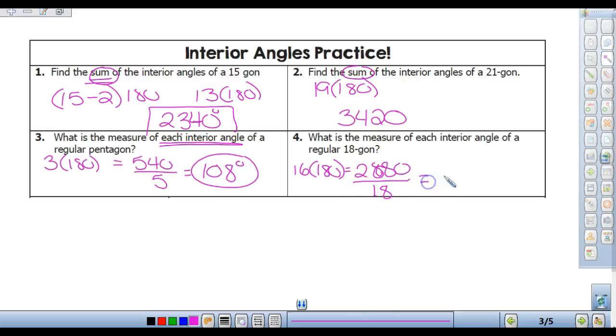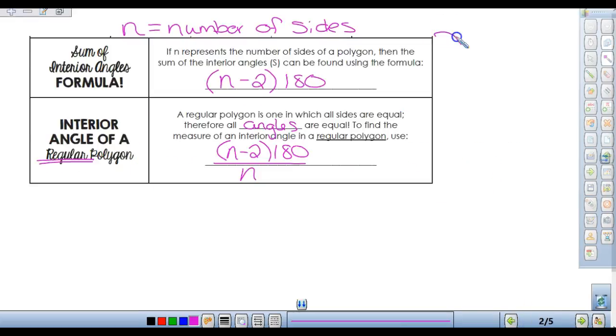Yep. 160 degrees has to be each one of those interior angles. Horrible? No. But you have to know these formulas. Muy importante. That is very important in Espanol.